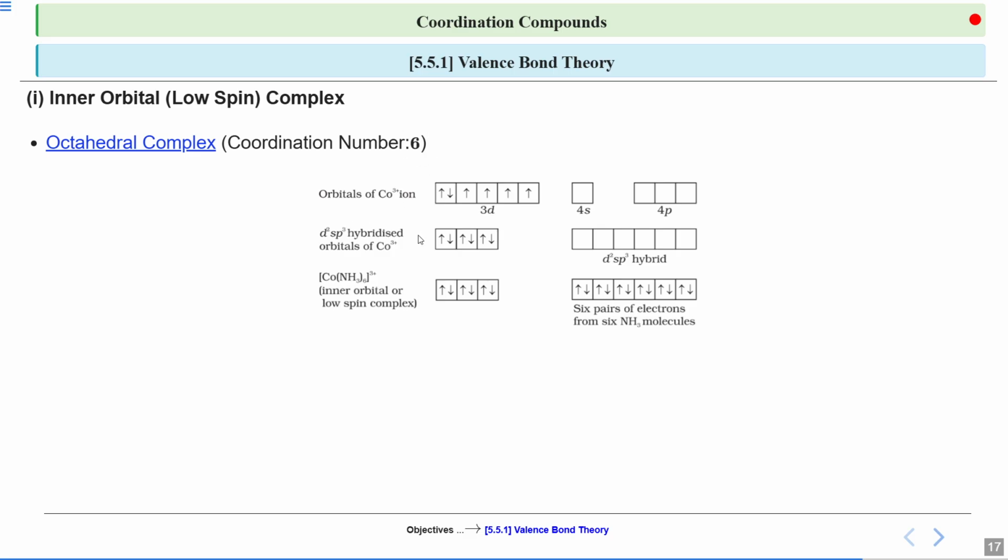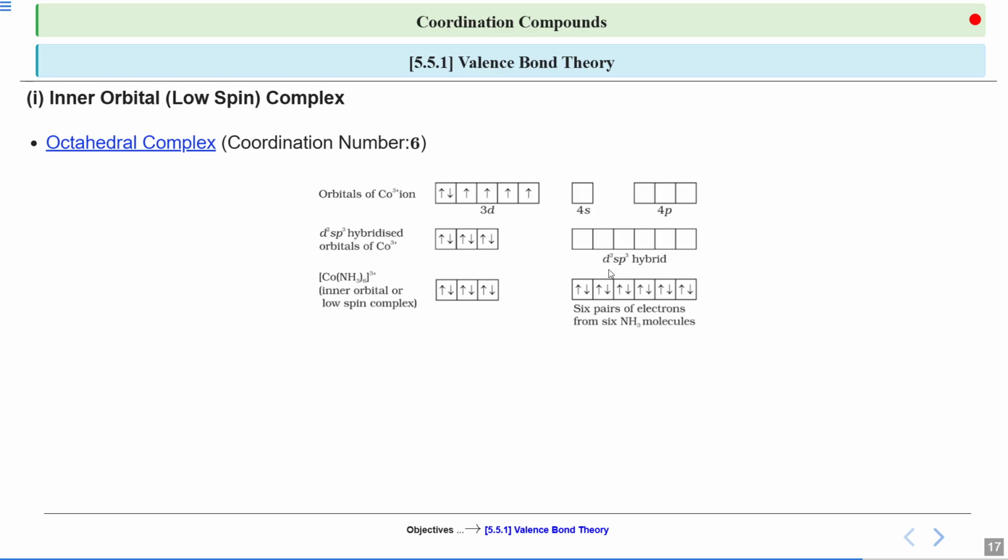So the d2sp3 hybridized orbital of cobalt 3 positive will show the configuration as follows: pairing will happen in these unpaired electrons, and the orbital diagram will become like this. This electron will go here with one unpaired electron, and this unpaired electron will go here with another unpaired electron. So the 4 unpaired electrons are paired, and 2 pairs are obtained like this.